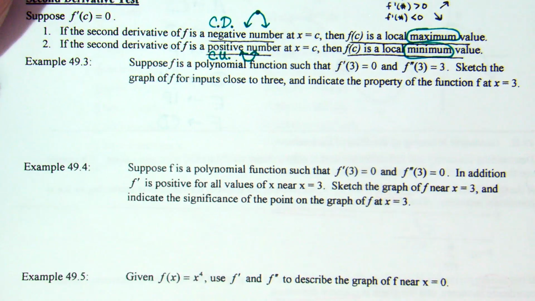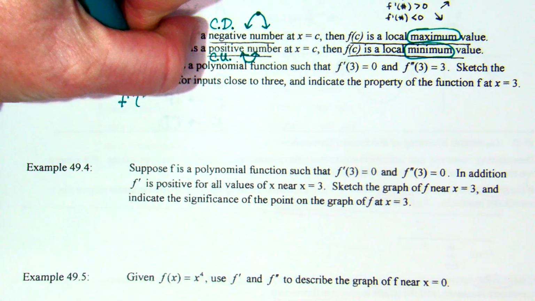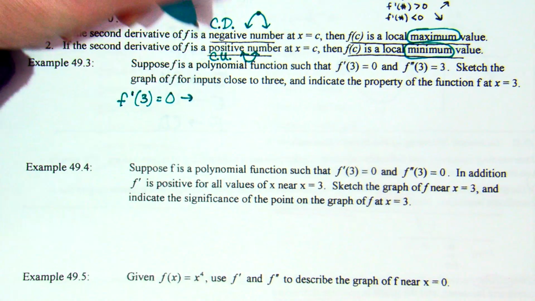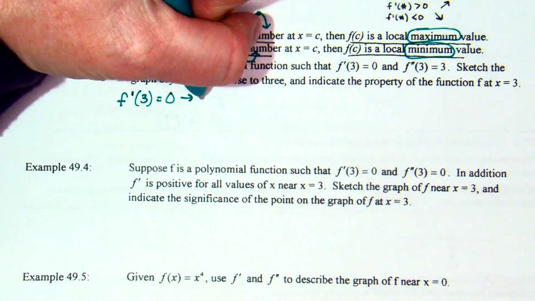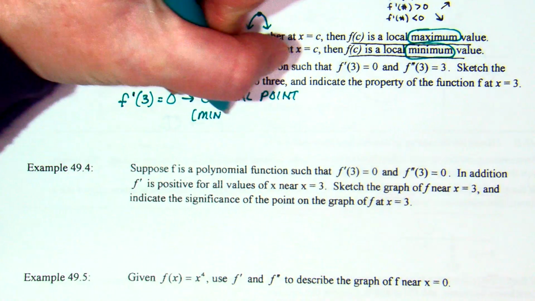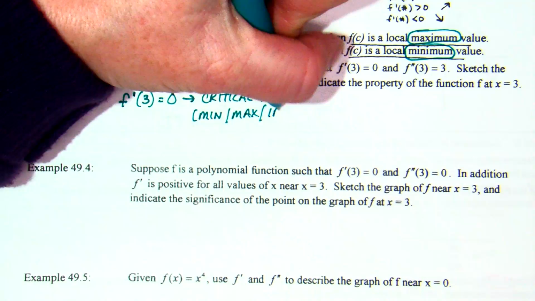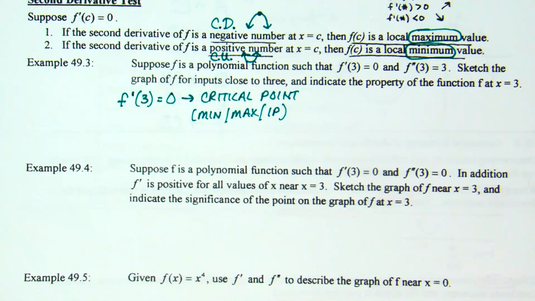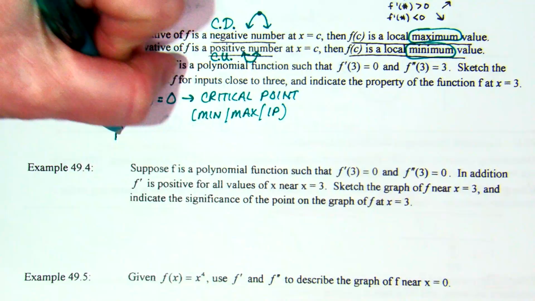So if we look at the first derivative at 3 equals 0, when the first derivative equals 0, that means that there is a critical point, yes? So a critical point could include a min, max, or possible inflection point. Now, how do we know which it is? Well, now we look at the second derivative.